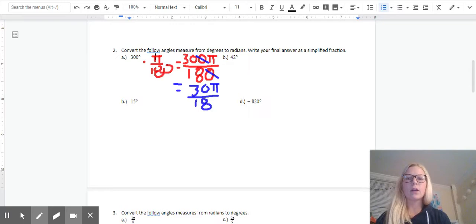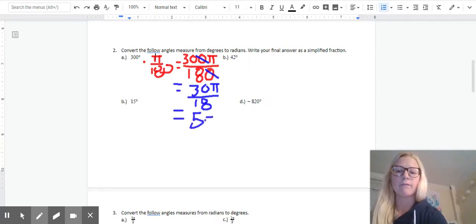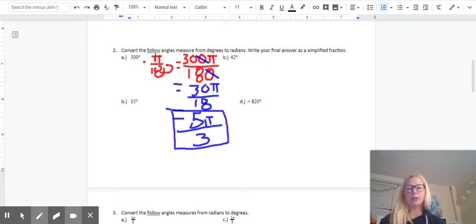So now we have to think of if we can simplify this fraction further. I know we can divide both of those numbers by 3. I know we can divide both of them by 6. And I think that's as far as we can go. So if we divide both of these numbers by 6, 30 divided by 6 is 5, and 18 divided by 6 is 3. So this would be my final answer.